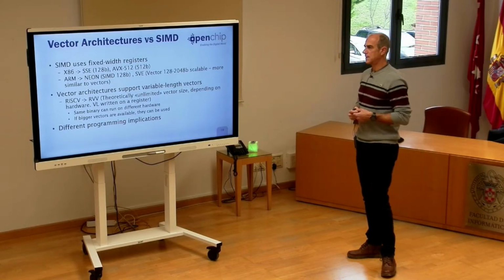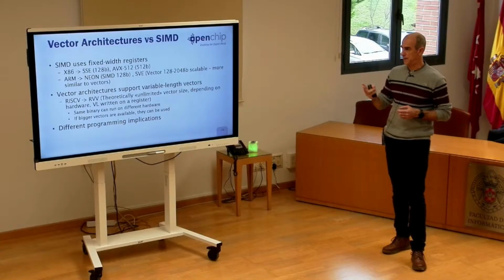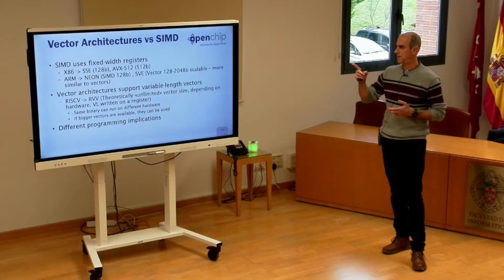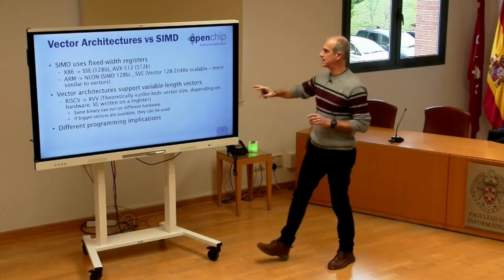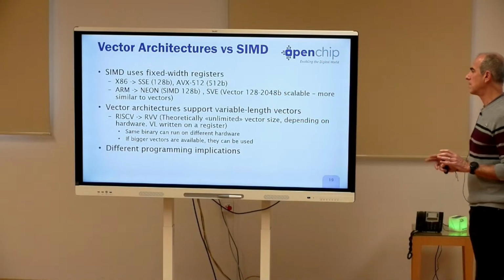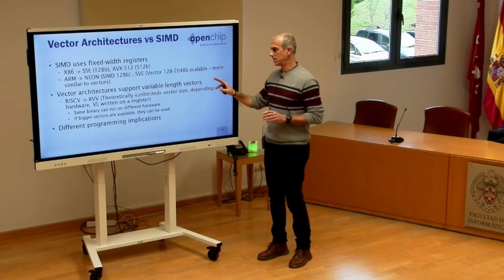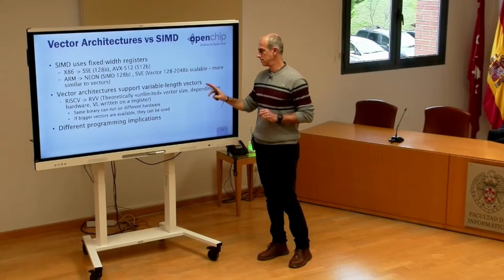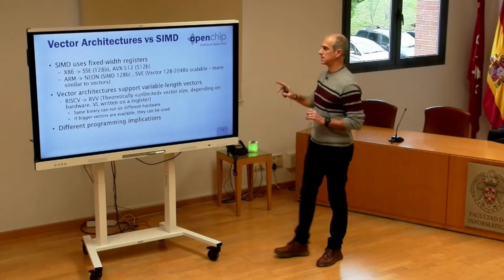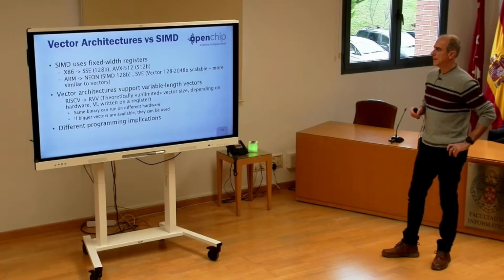Or we have also this SIMD extension in ARM, the Neon extension, and we have this extension, which is the SVE. Probably there are other extensions which have bigger vectors, and some of them are very similar to vector units, so it's very close to a vector architecture.